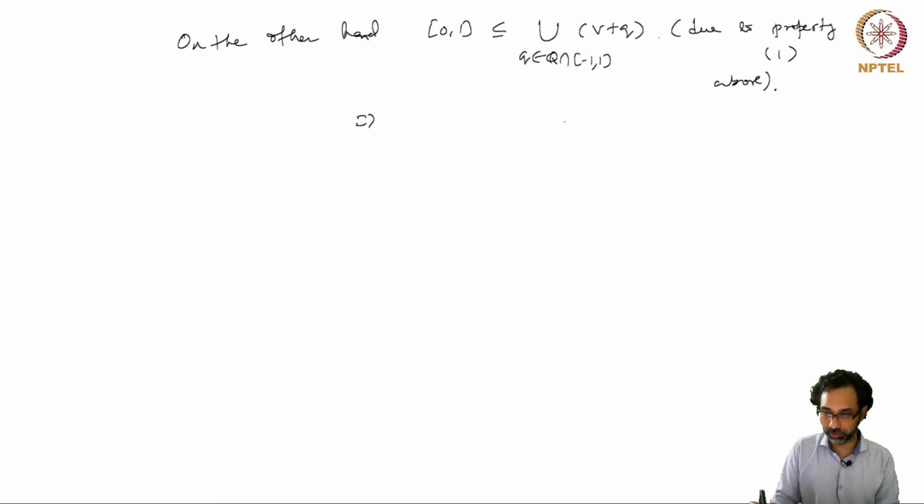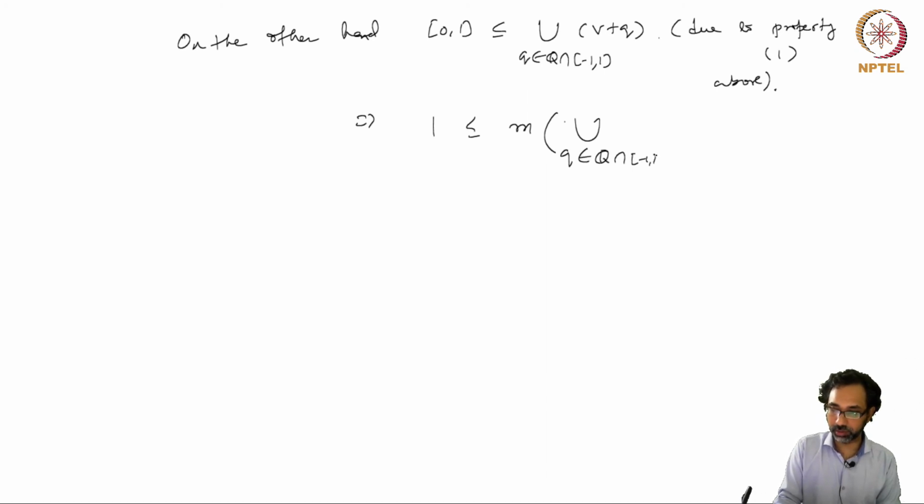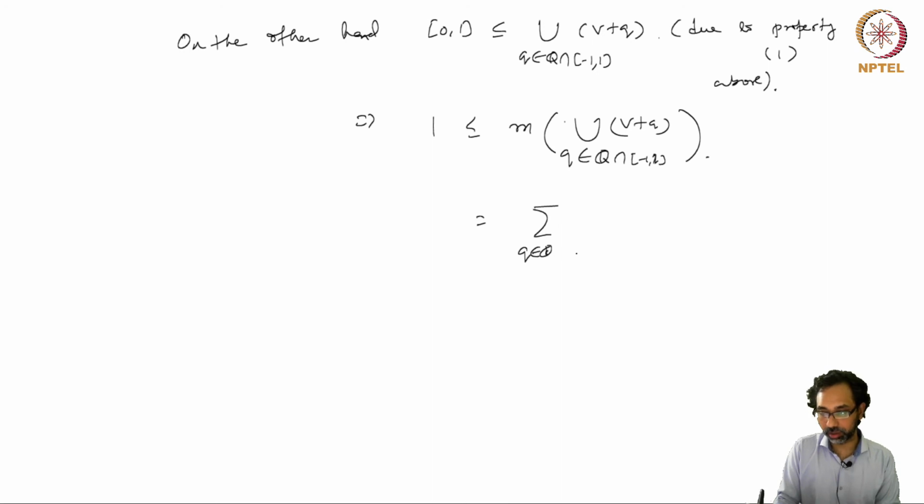So this means that 1 is less than or equal to the measure of this union of V plus q's. On the other hand, this was the sum of the measures of V plus q, but V was assumed to be Lebesgue measurable, so it is the measure of V, and this is 0 because if V was assumed to be Lebesgue measurable, then m(V) must be 0. So this is a contradiction.